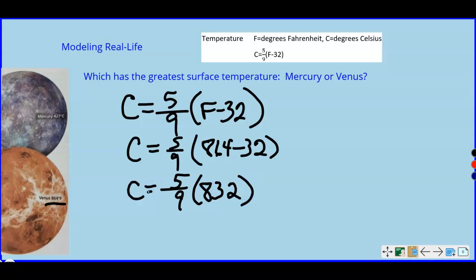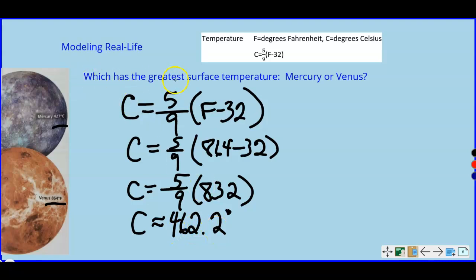So Celsius equals 5/9 times 832. So if we do 5/9 times 832, that's going to give us about 462.2, and that's degrees Celsius. All right, so Mercury is 427 degrees Celsius, and Venus is 462 degrees Celsius.